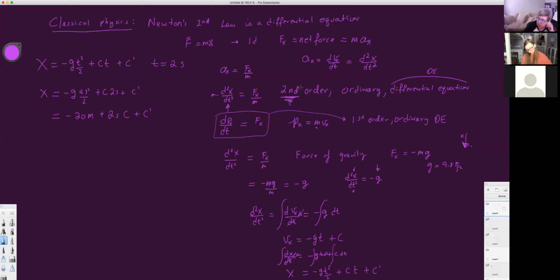Okay, so what initial conditions do you think would be useful for a problem like this? What would they be? And what do I mean by initial conditions anyway?